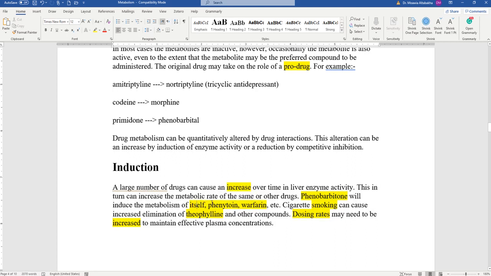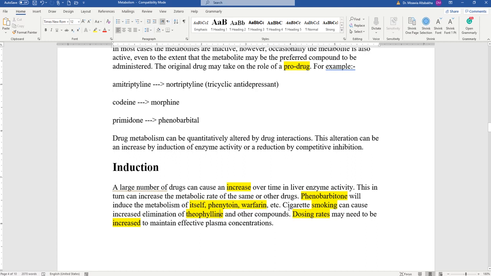Additionally, it will increase the metabolism of other drugs. هنا ما بنحكي autoinduction for other drugs such as phenytoin and warfarin اللي هو anticoagulant و anticonvulsant. Cigarette smoking will increase the elimination of theophylline اللي هو بيستخدم في الأسمة.